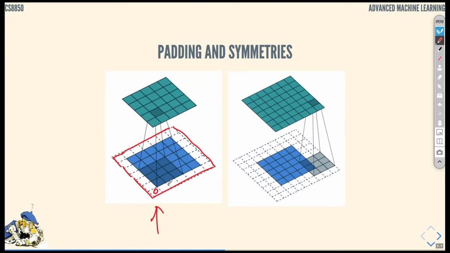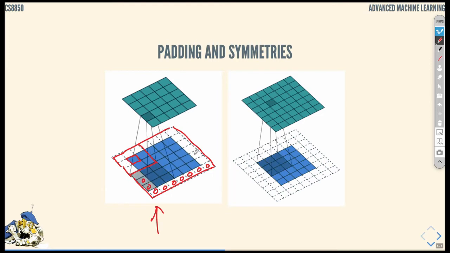What we've done is padded our image with zeros such that our kernel on this corner aligns in a way that the center of our kernel is on the corner of the image itself.